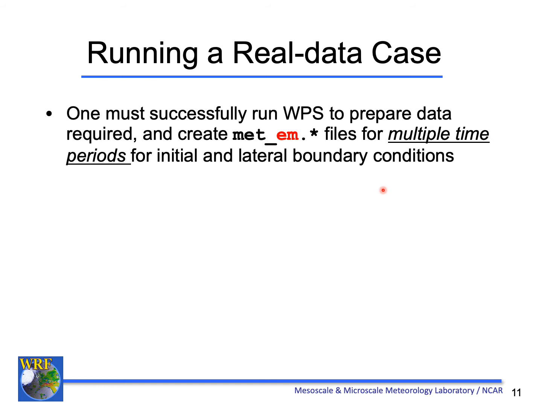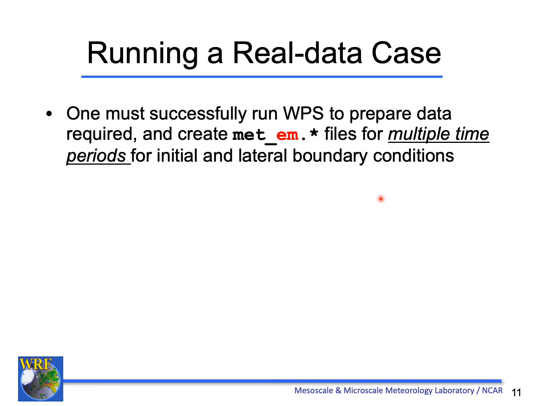To simulate the real atmosphere, we must first run WPS programs and process data for the model run. We need data at some time interval to cover the entire simulation period, whether it is 24 hours or 10 years.